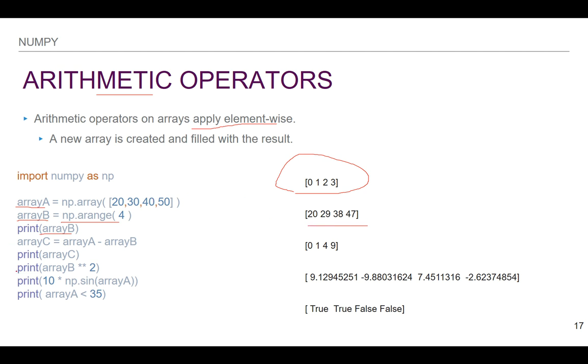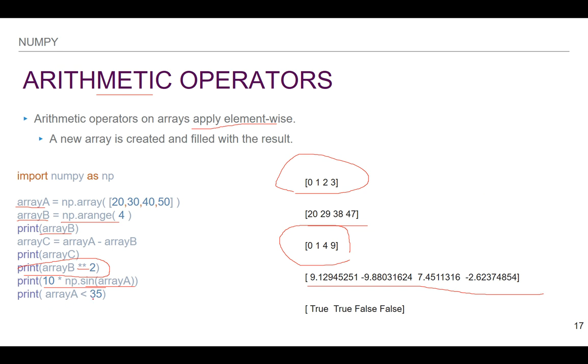And then if we want to compute the power of the elements in array B, we just do the double star. And 10 multiplied by np.sin of the array A is this result, and feel free to verify it.